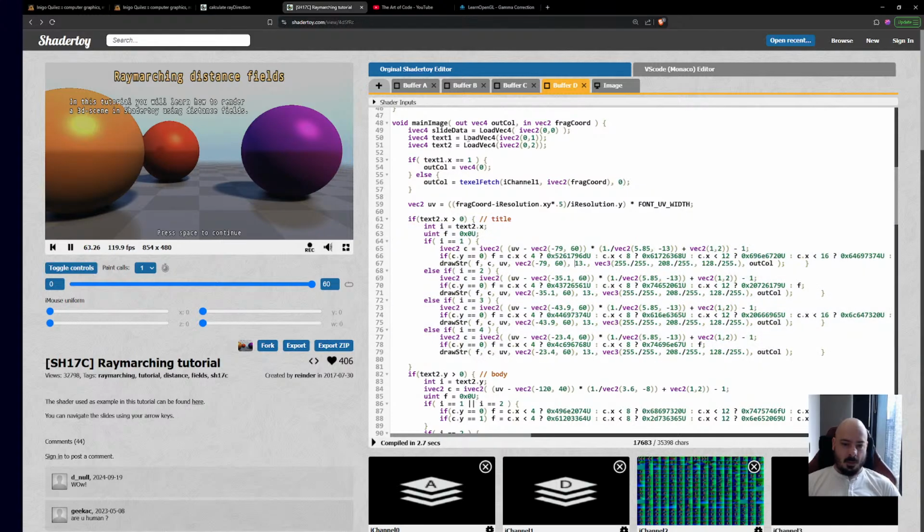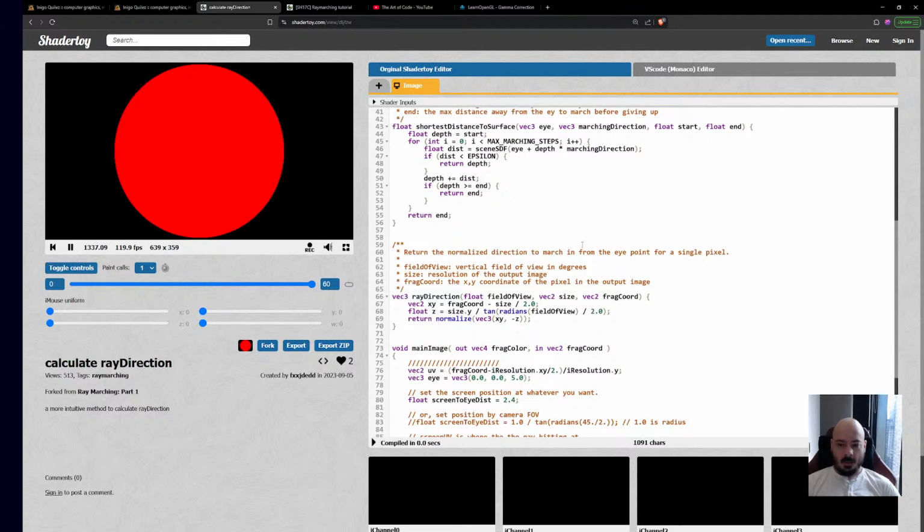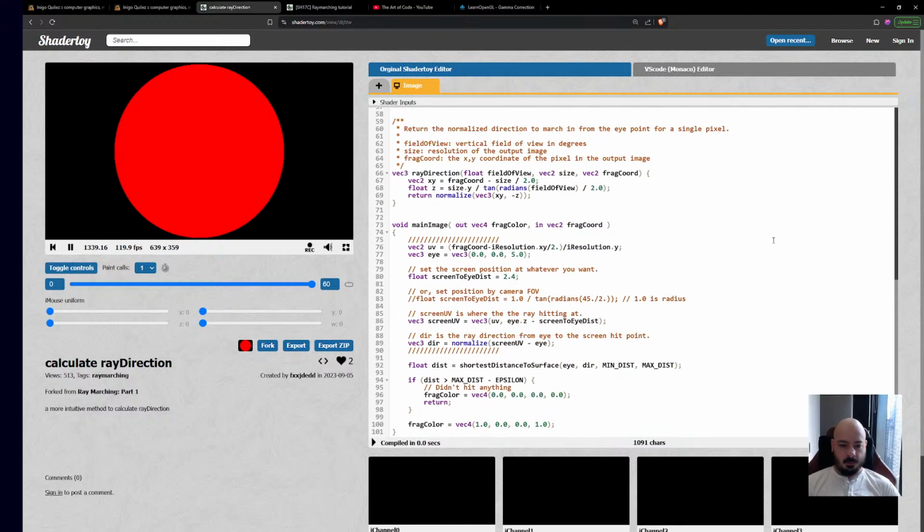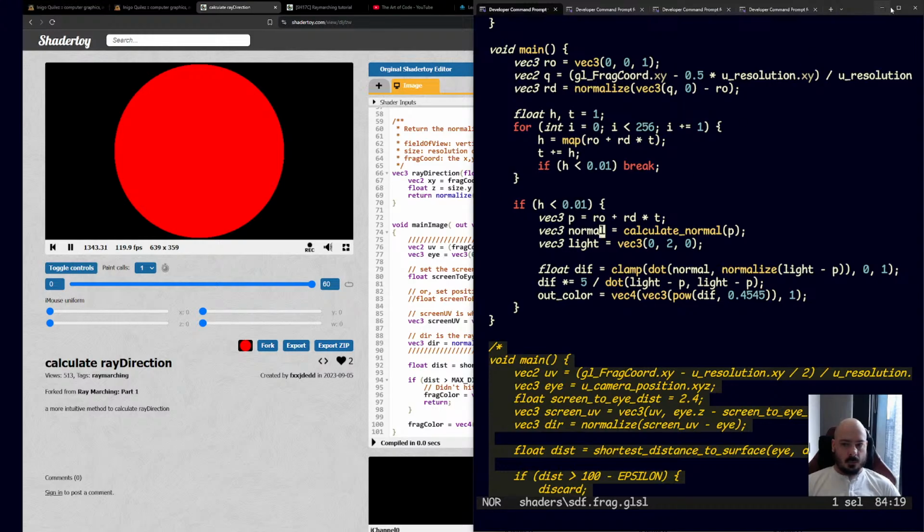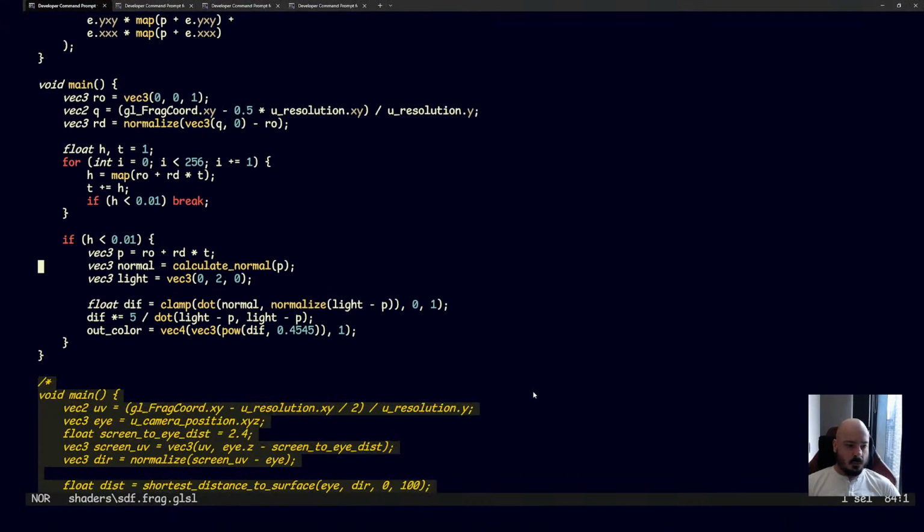Let's see. What do we got here? Main image. Alright, so this is going to be way too difficult. I need to look at a different one. Okay, I think that's right.